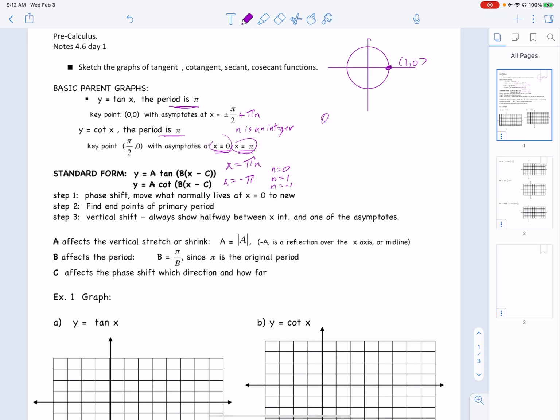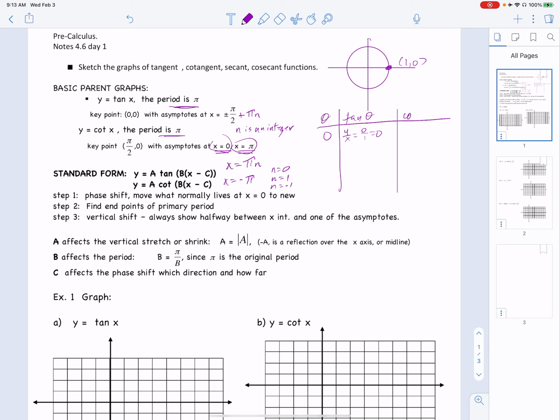So if I make a chart with theta, and I think about tangent of theta, and I let theta be 0, well, tangent is defined to be y over x. And so you get 0 over 1, which is 0. So tangent is going to be 0 at 0, so 0, 0 is a point. The origin is the point 0, 0, and tangent goes through it.